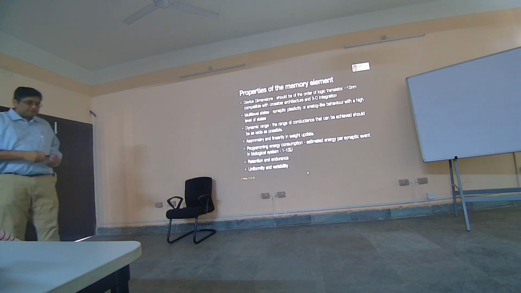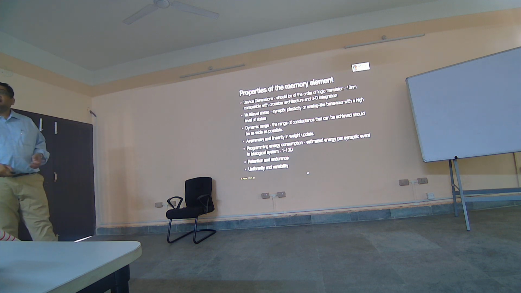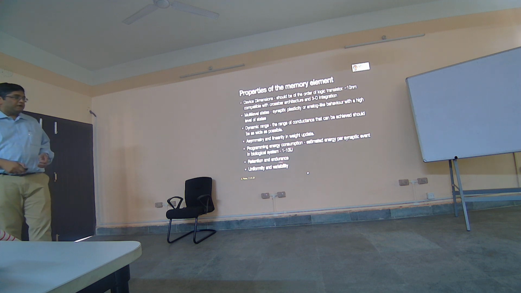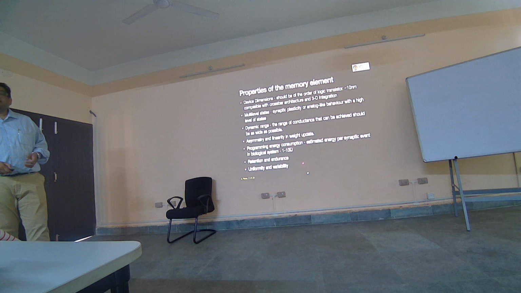And the last thing is uniformity, and this is a big problem today. One of the fundamental drawbacks of non-volatile memory-based implementations is that technologists are finding it very hard to design memory systems which have as low variability as possible.